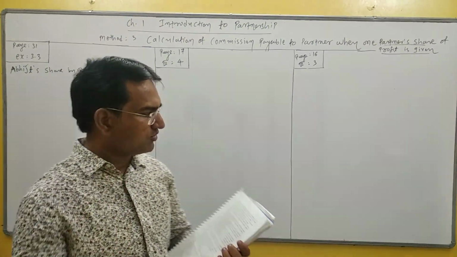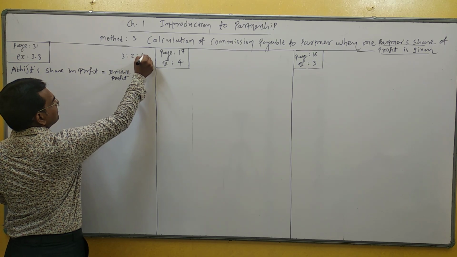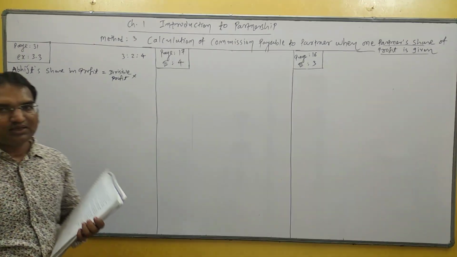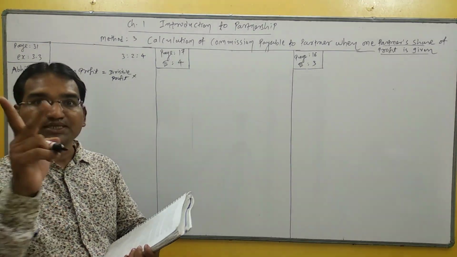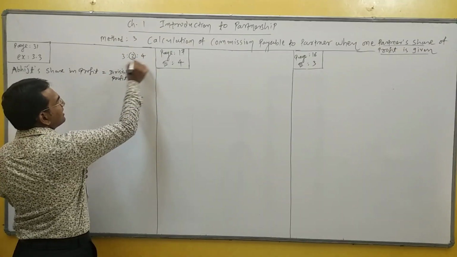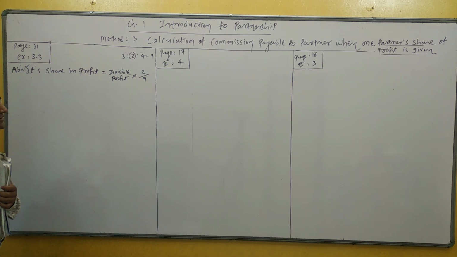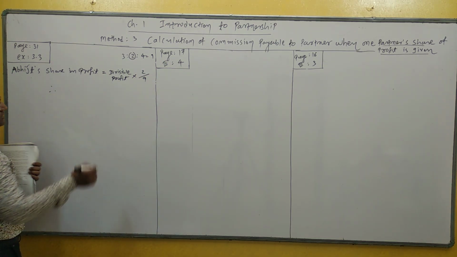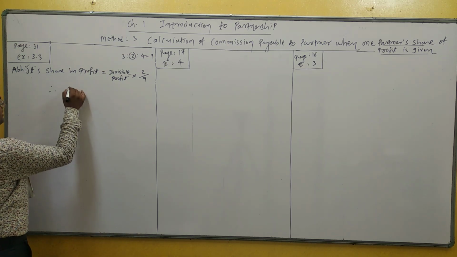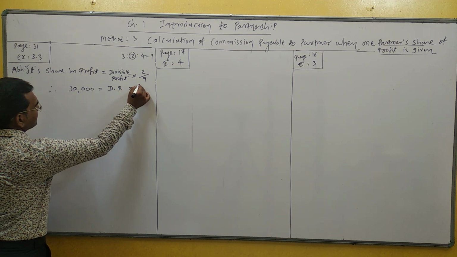So students, the profit sharing ratio is 3:2:4, and Abhijit is the second partner. So what is Abhijit's share? 2 by 9. Understand? Now Abhijit's share in profit, given in the example as 30,000, is equal to divisible profit into 2 by 9.